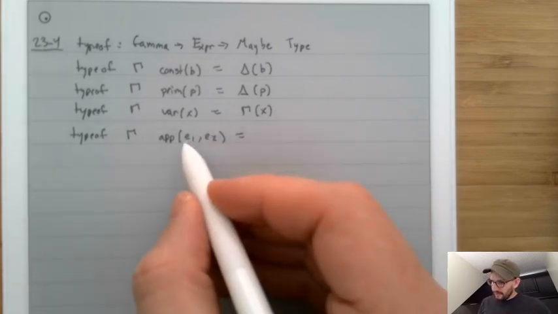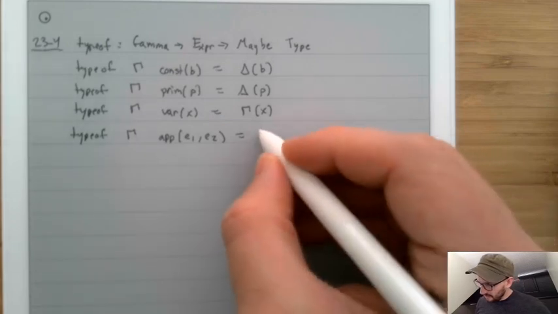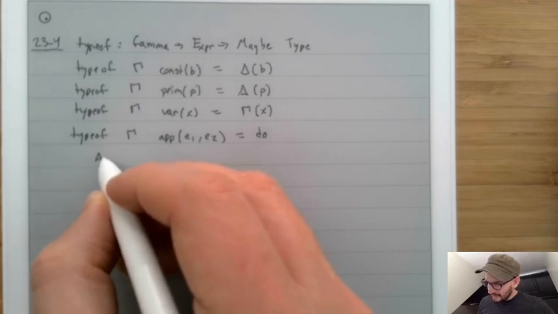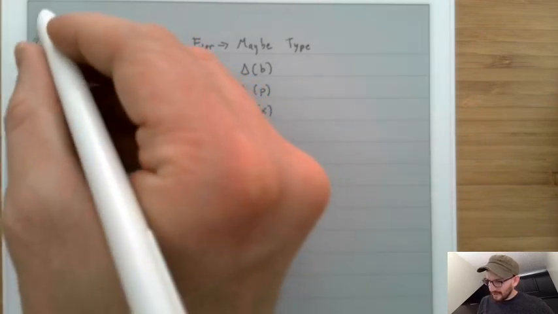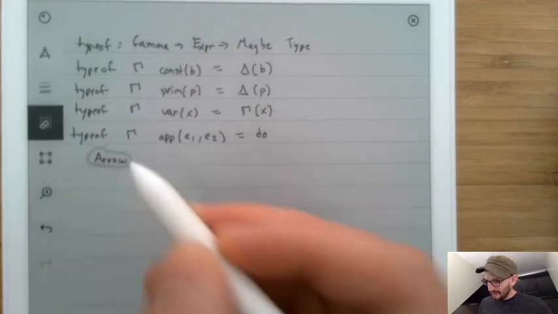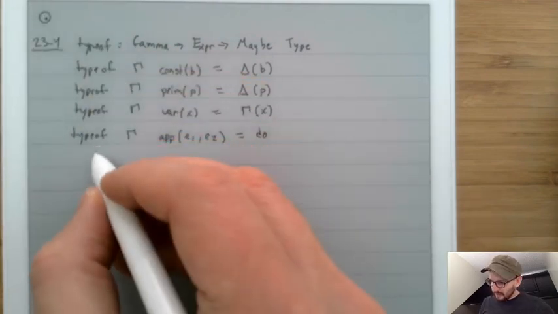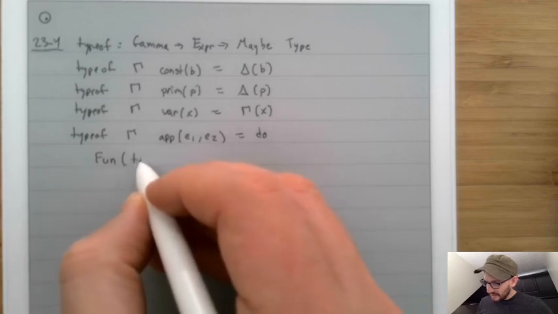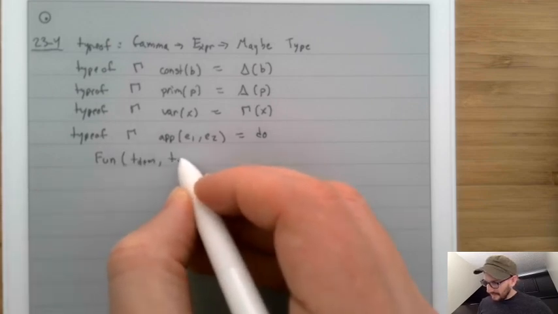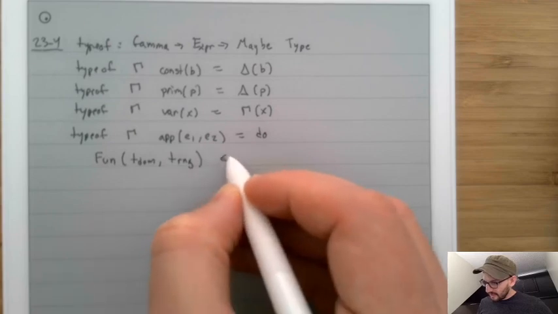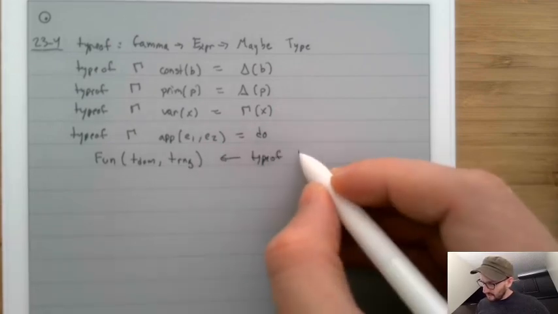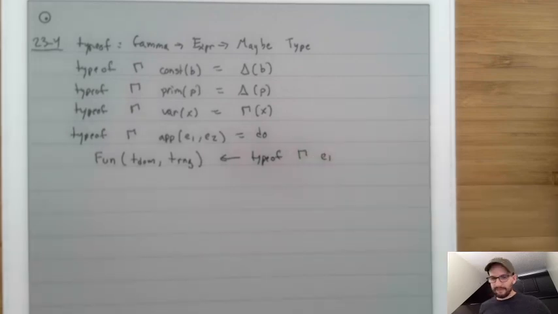So what we'll do here is that the first thing that we're going to do is we're going to say let's assume that we're going to get back an arrow. Actually, let's not say arrow. That's like what it looks like. Let's call it a name. Let's say that a function that goes from t domain to t range comes back from calling type of with gamma and E1.